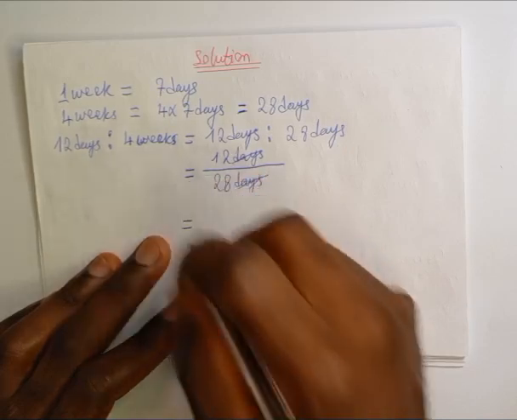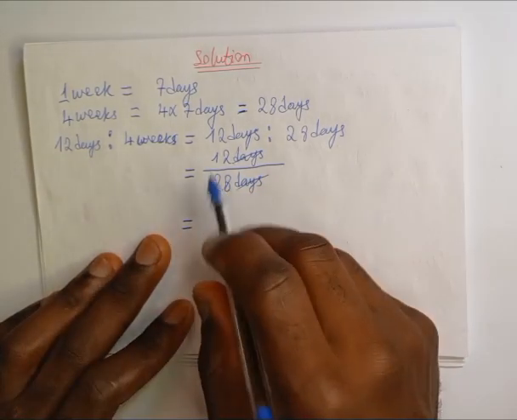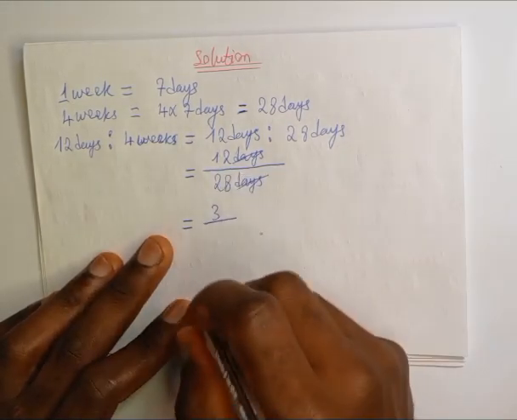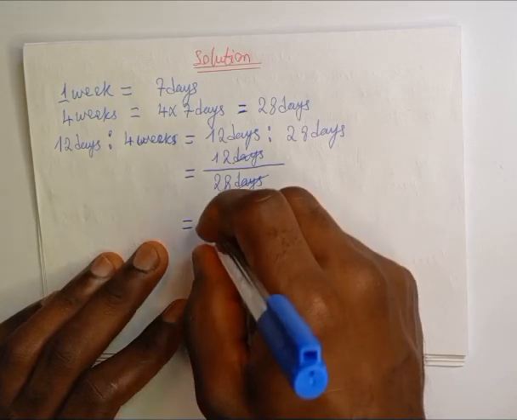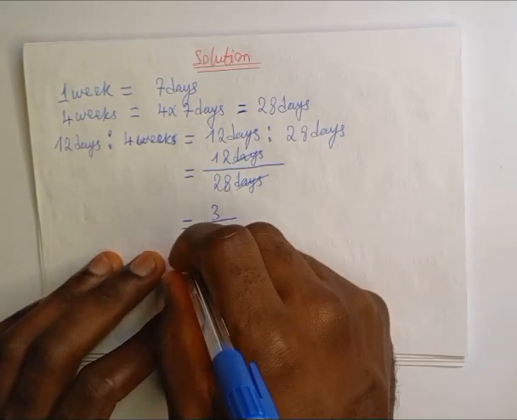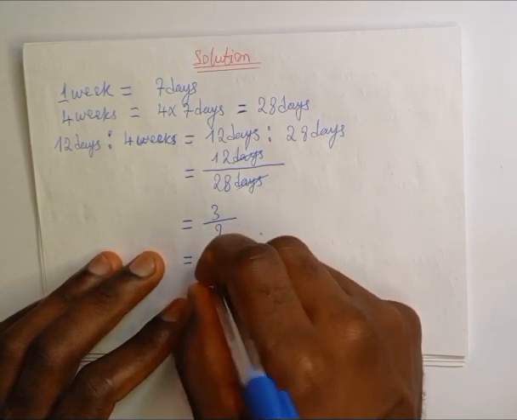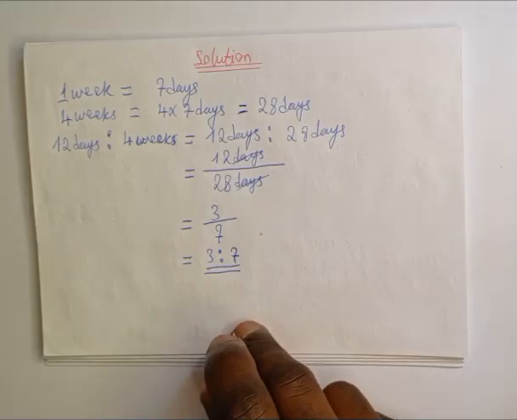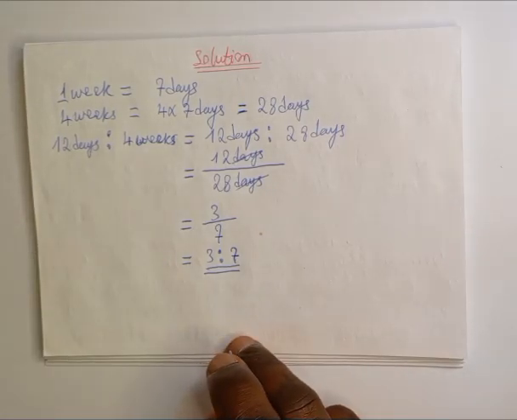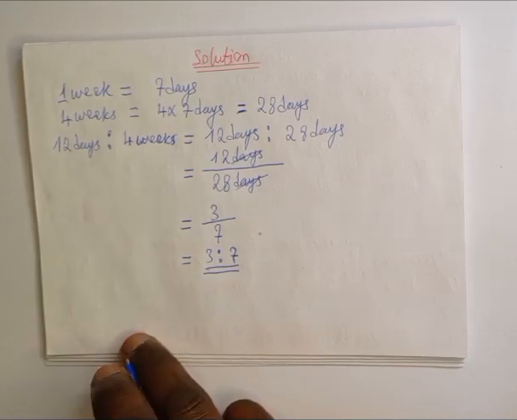The HCF of 12 and 28 is 4. 12 divided by 4 gives us 3 all over 28 divided by 4 gives us 7. 3 over 7 as a ratio is simply 3 is to 7. This is the final answer when we express the ratio 12 days is to 4 weeks in its simplest form.